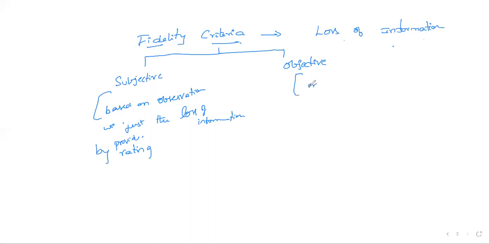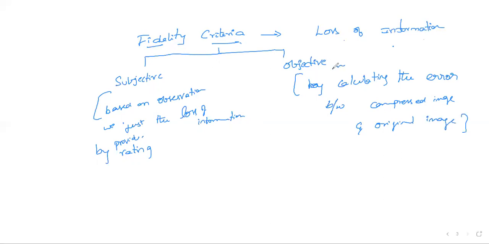Objective means calculating the error between the compressed image and the original image. So it is mathematical analysis, while the subjective one is theoretical analysis.